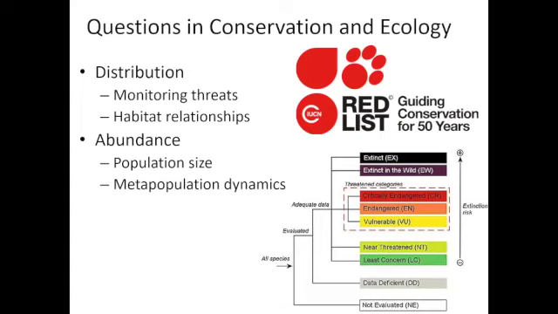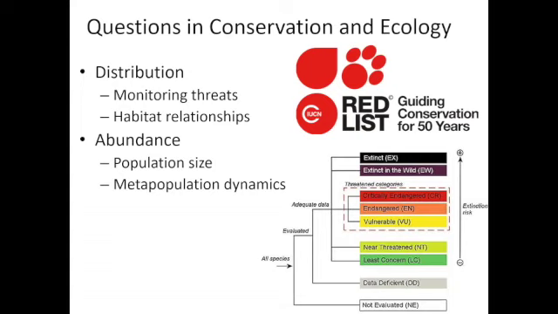The other component of that classification system is abundance. Abundance is different from distribution in that we're looking at actual counts of the species and not just where they are. So this is where we're getting into the population size in an area, which would be considered density, and the population size across the metapopulation, which are all the different interacting populations across that whole distribution.